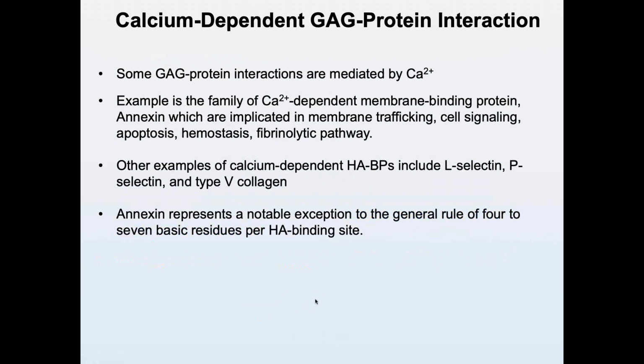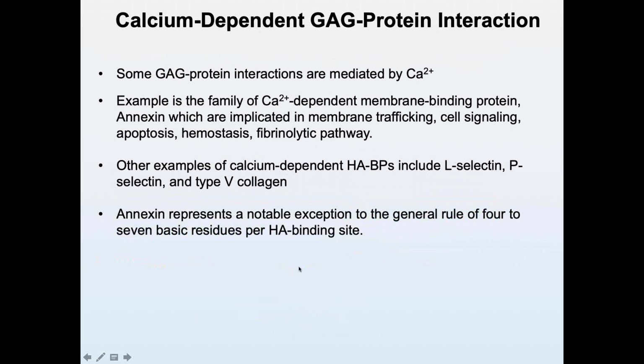However, in some of these proteins, in addition to these basic residues, there are metals that also help to recognize some of these GAGs. An example is the calcium-dependent GAG binding protein.